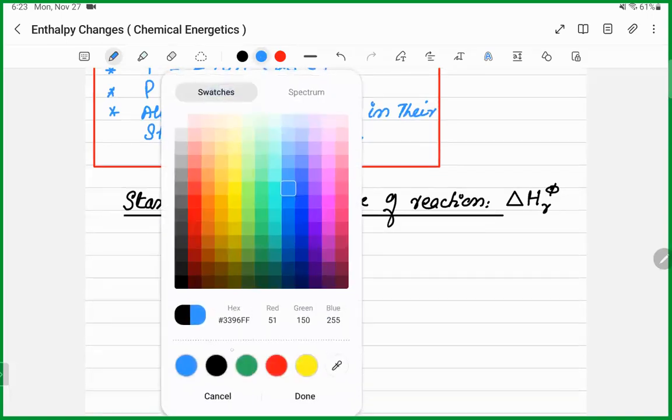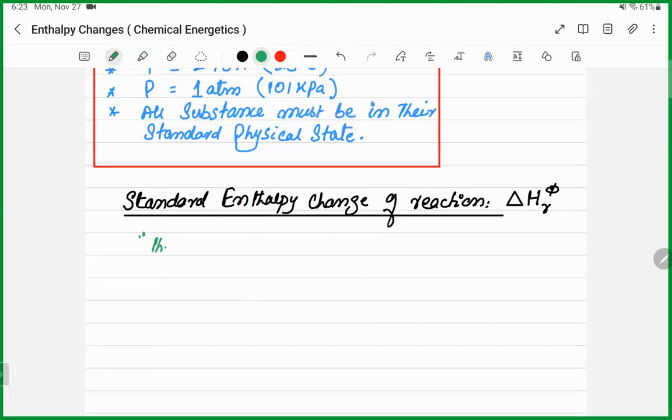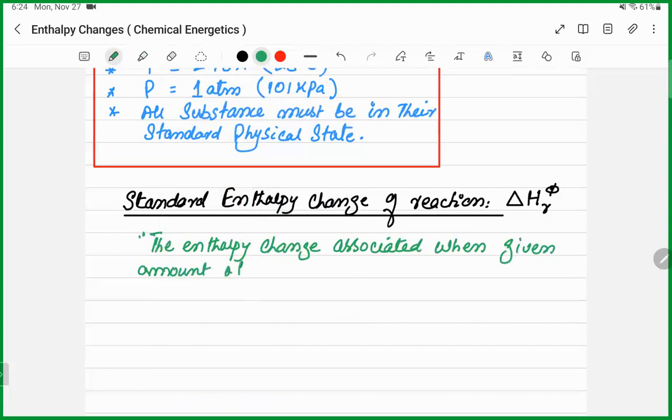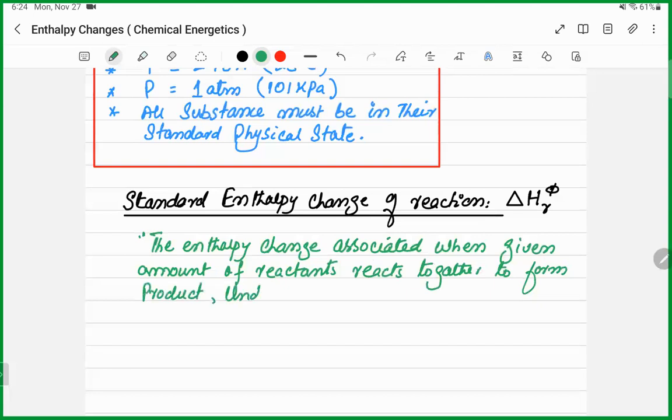Now the definition: the energy change or enthalpy change associated when a given amount of reactants reacts together to form product under standard condition.